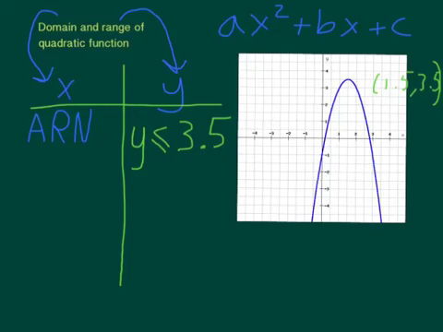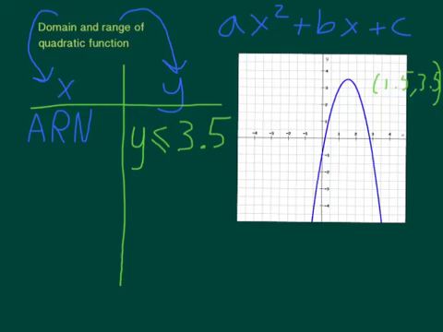If I'm given a graph, I can just do it by looking at the graph. If I'm given an equation, what I will have to do is, again, complete the square, transfer it to standard form, then look at the vertex. Think about whether the parabola is opening up or down. If this parabola was opening up, it would be y bigger than. But this parabola is opening down, so its y is smaller than.